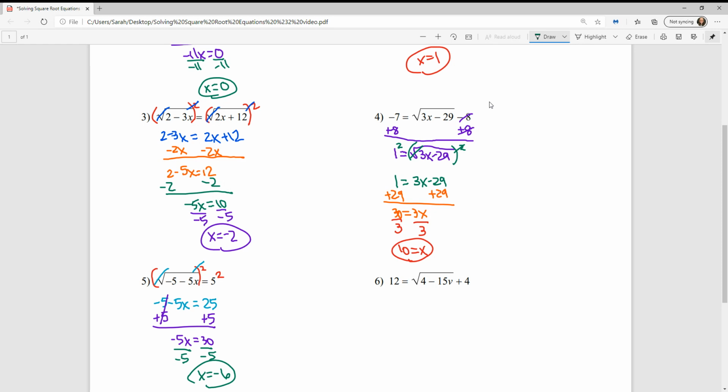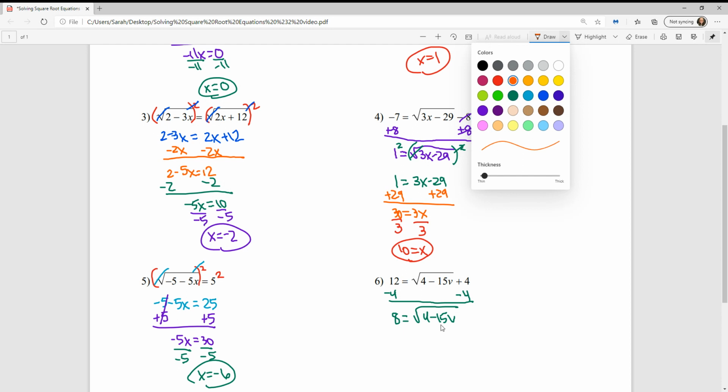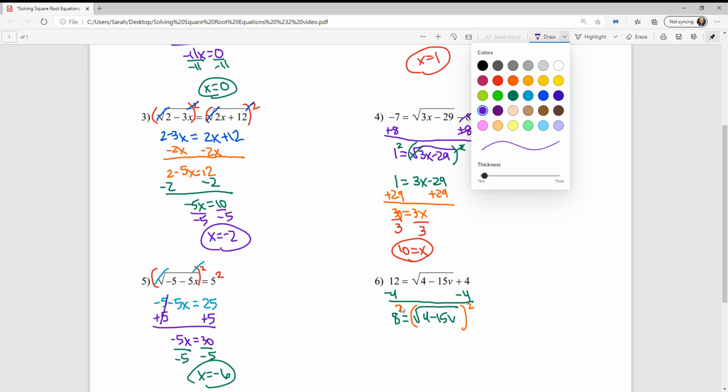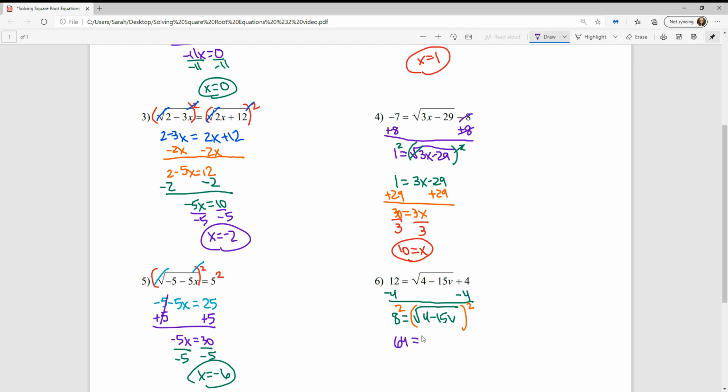Last one. For this last one, I have something happening outside of the root. I have a plus 4 on the outside of the root. I undo that by doing the opposite, which is subtracting 4. 12 minus 4 is 8. From here, now that I have everything on the right-hand side inside a square root, I square to undo that square root. Make sure you square the other side also. 8 squared is 8 times 8, so 64.